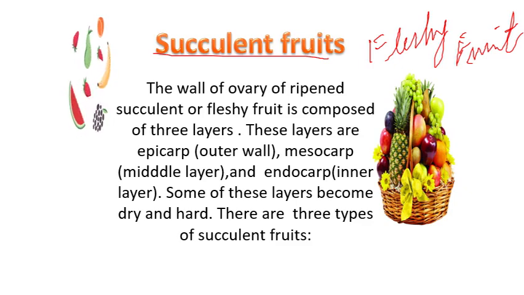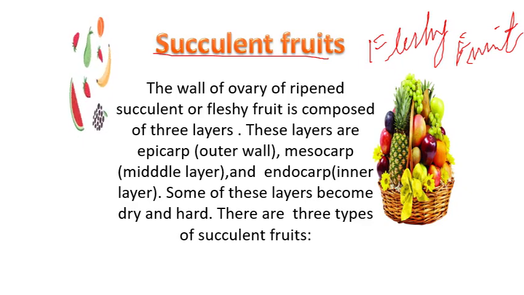In dry fruit, there is only a single layer of pericarp, but in succulent or fleshy fruit, we have a pericarp composed of three layers: epicarp, mesocarp, and endocarp. We already studied this in the beginning of this lecture.